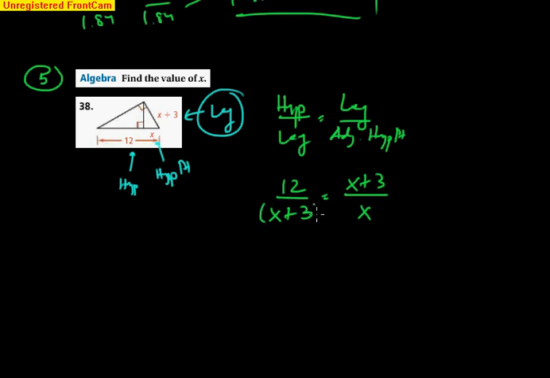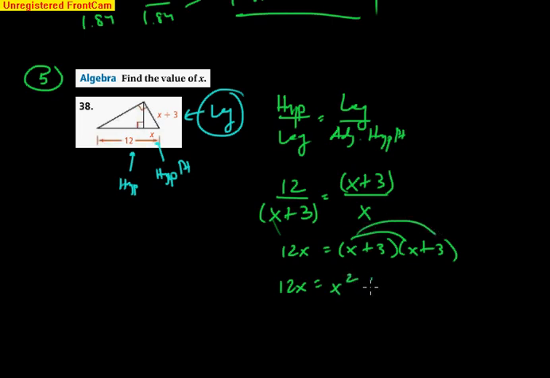Now I see some binomials, so I'll put them in parentheses, and we cross multiply. 12x equals x plus 3 times x plus 3. This requires us to FOIL. So on this side, we've got to do first, outer, inner, last. So 12x equals first, x squared, outer, positive 3x, inner, positive 3x, last, positive 9. 12x equals x squared, combine your middle terms, plus 6x plus 9.